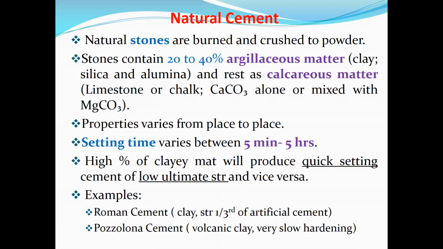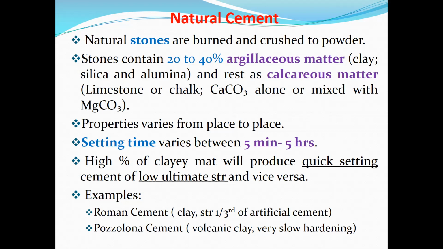So the more rapid the chemical reaction is, the more rapid will be the setting, that means the more rapid will be the change of state. So due to the presence of clay matter in natural cement, which comes from natural stone, the setting time used to be very quick. But the ultimate strength was very low.